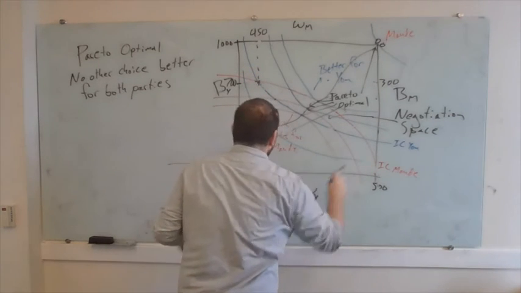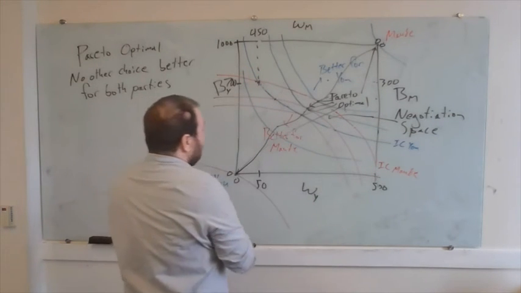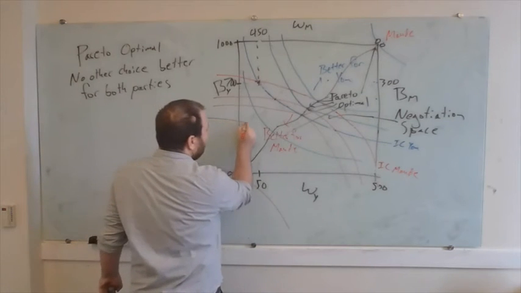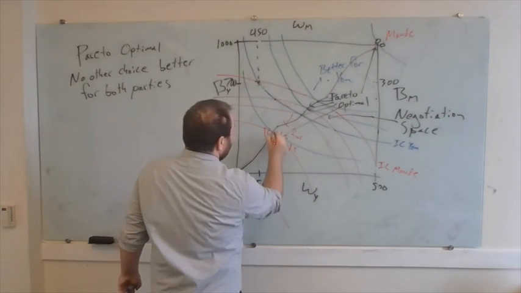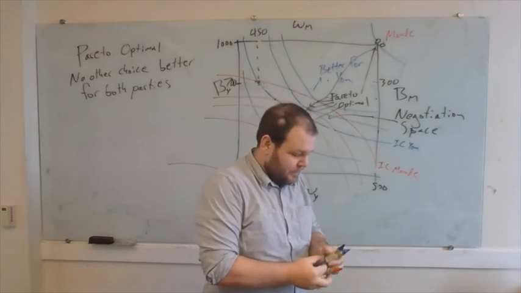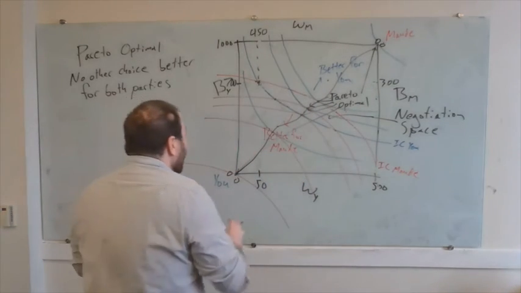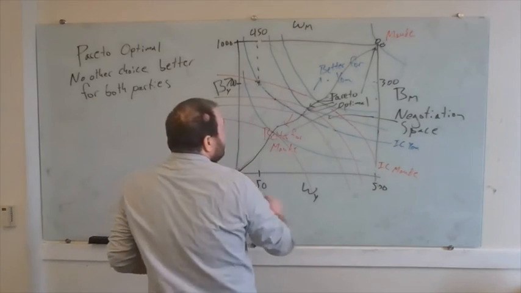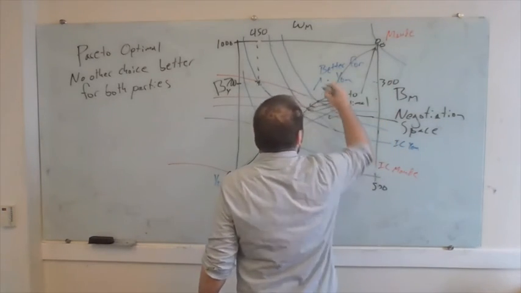So at each of these points, we can draw an indifference curve for you, we can draw an indifference curve for Maud, and they're going to touch at just one point. That's going to make each of these choices Pareto optimal. And we'll call this path, basically from your utter misery to Maud's utter misery, our contract curve.